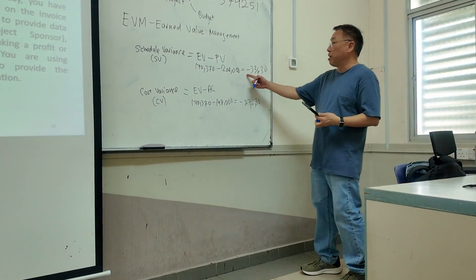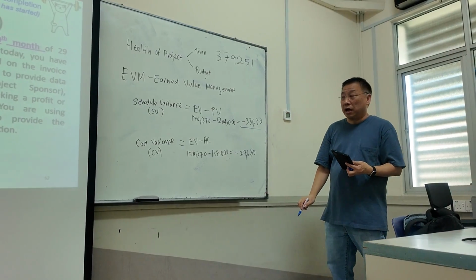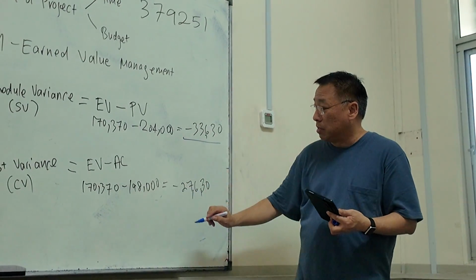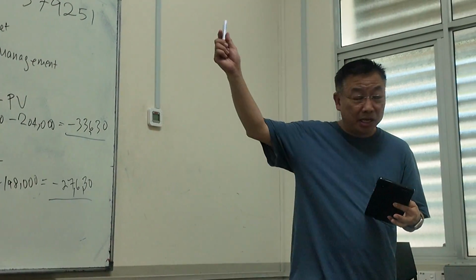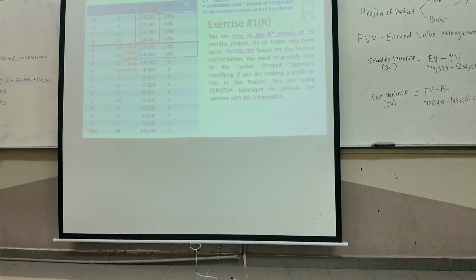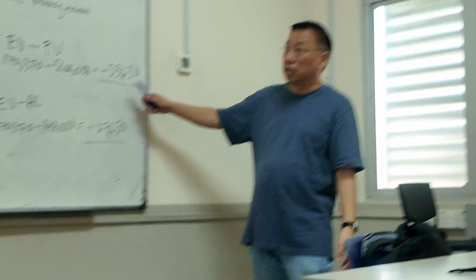Because a negative number for SV means you are behind schedule. And a negative number for CV means you are over budget. So your project, in this example, is not healthy. Okay? So that's how you calculate. You have to explain why it's not healthy because it's negative.